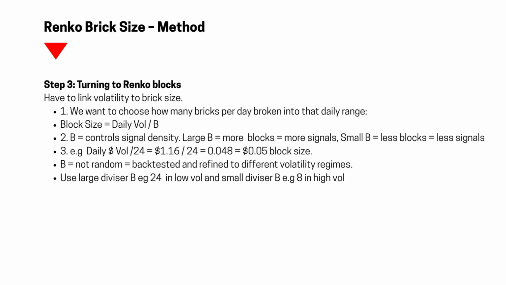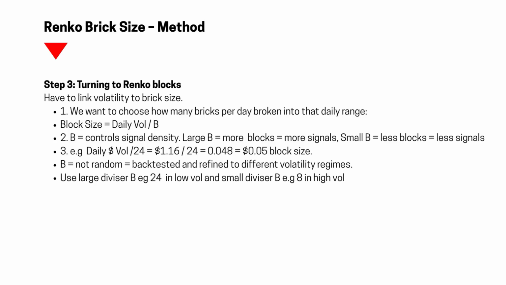So I've come up with this methodology here. We've got to decide how many bricks per day it's going to be broken down into. That's the daily dollar volatility that we calculated. So in our last example on WTI, that daily dollar volatility was $1.16.